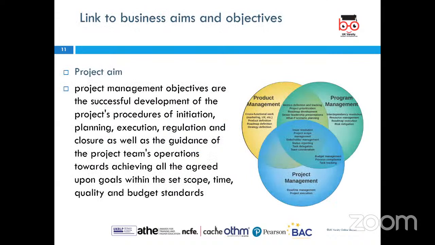Then when it comes to looking into a business aim, which is pretty much related to our scope, we now have to see that by project aim, we're just looking into the objectives that are successfully developed of the project procedure by the initialization, planning, execution, regulation, and closure, as well as the guidance of the project team's operations towards achieving all the agreed upcoming goals within our set scope, time, and quality, and also our budget.